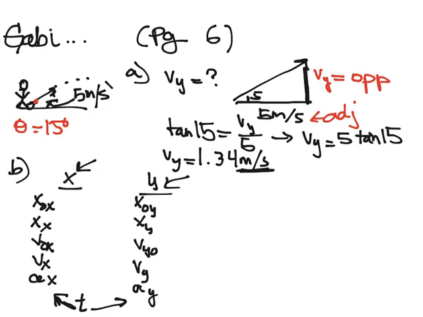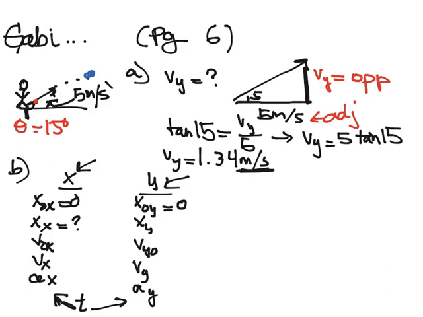Okay, I know that it starts, I can call this initial position 0. Okay, and it starts at the ground, so y naught, the height, is also 0. Xx, I don't know how far it gets by the time it's at the top, and remember that's what we're wondering about in part B. So that's a question mark.